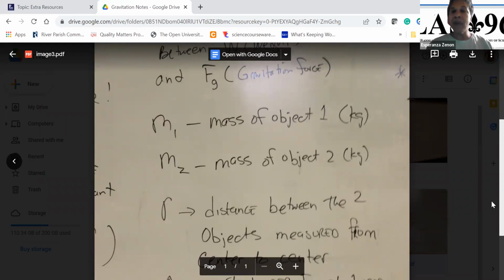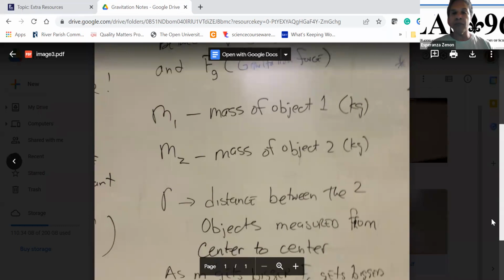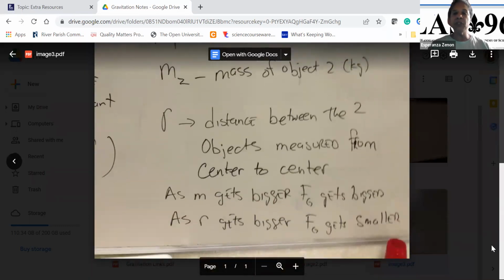You need the mass of the objects in kilograms. And then R is the distance between the two objects, measured from their center. So I'm explaining the variables in the formula here. As M gets bigger, the gravity force is going to get bigger.